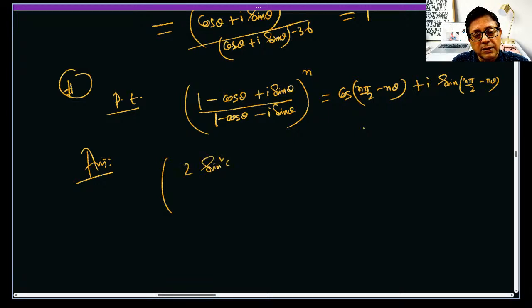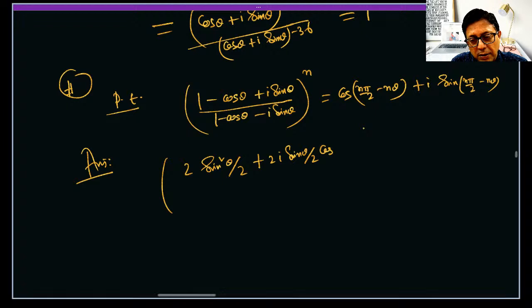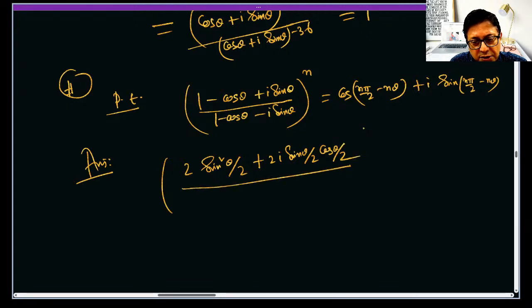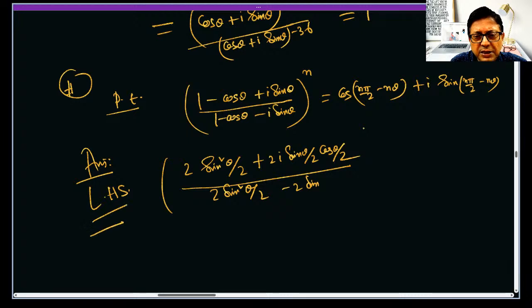writing this divided by 2 sine square theta by 2, this is just LHS, 2I sine theta by 2.